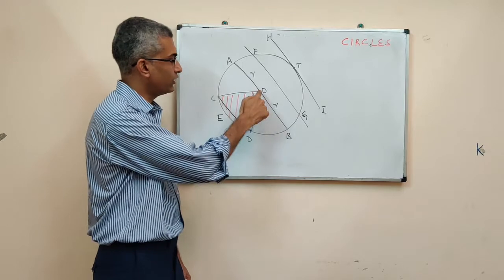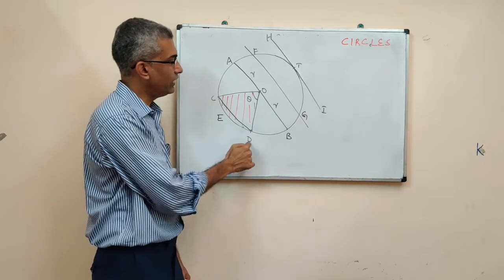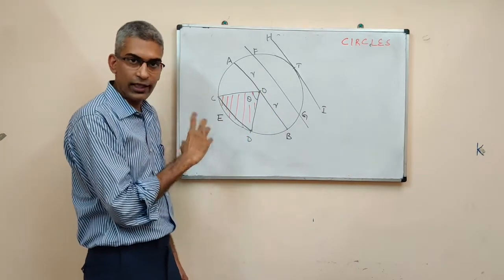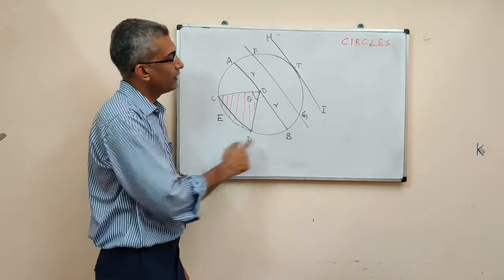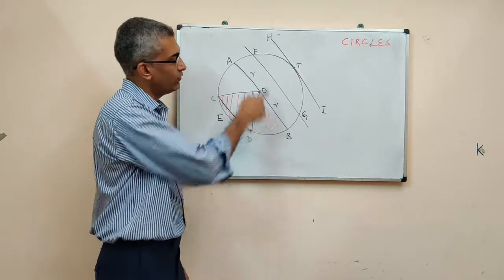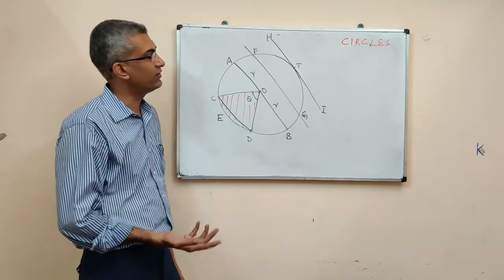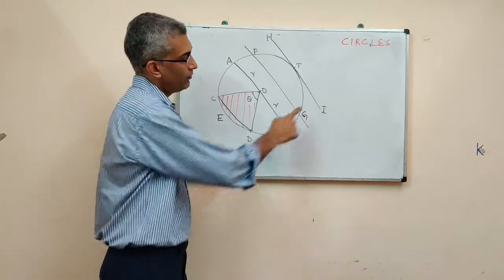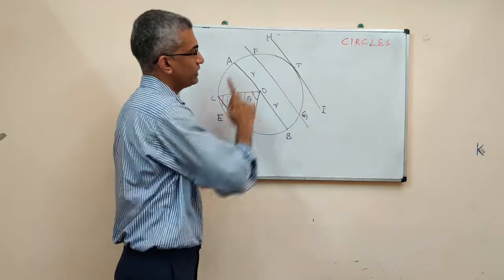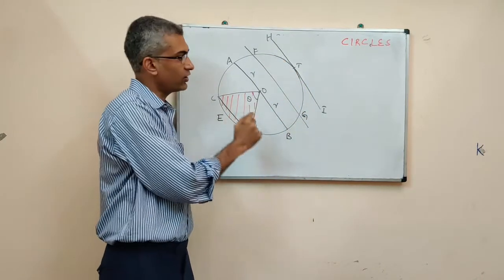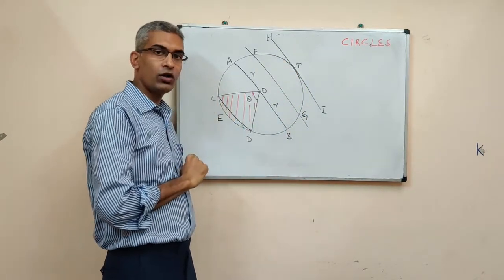This portion of the circle OCEDO is called a sector. The line FG, which passes through 2 points on the circle, is called a secant. And this line ITH, which touches the circle at a single point, is called the tangent.